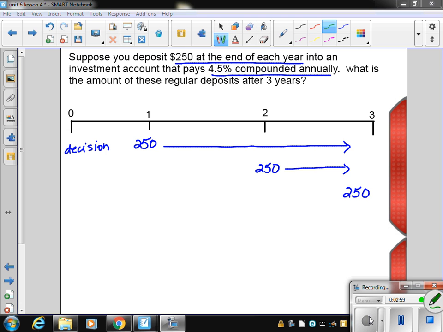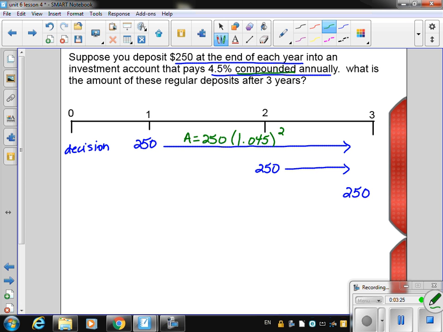So for the first one, it's going to sit and earn interest. I'm using compound interest because I see that word compound. So we have $250 and the rate is 4.5%, so I would do 1 plus 4.5%, and it is going to sit in there for 2 full years.